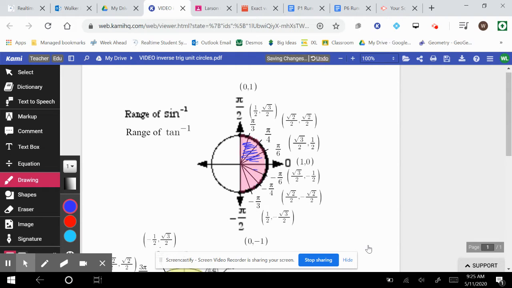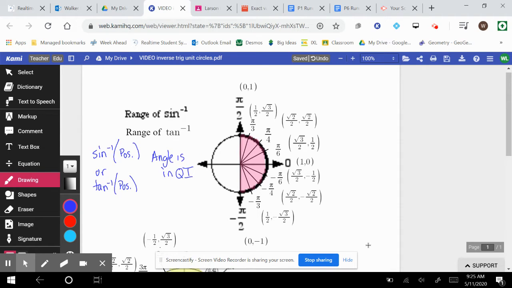And very simply, anytime it asks you sine inverse or tan inverse of a positive number, your answer, the angle, is in Q1.